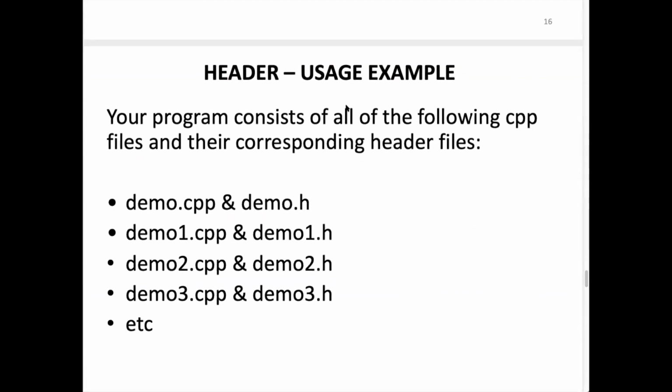So this is an example. In the industry, let's say you have several CPP files, right? demo.cpp, demo1.cpp, demo2.cpp, demo3.cpp, then you would need to have corresponding header files. And this is, like I said, to separate the abstraction and the implementation details to make your code a lot easier to maintain.